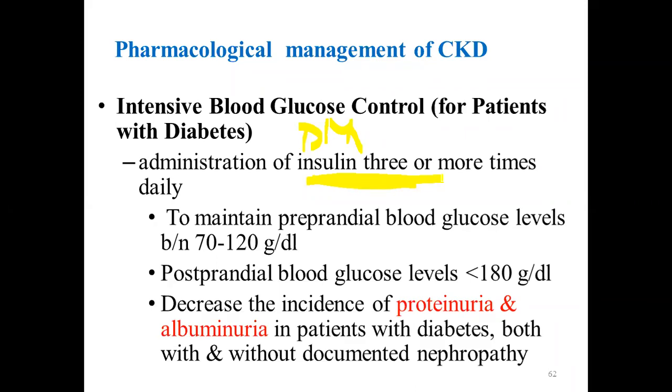So insulin is by far better, but you still need to note the risk of hypoglycemia as a result of insulin, because insulin is still cleared by the renal system, and dose adjustment is very, very critical.